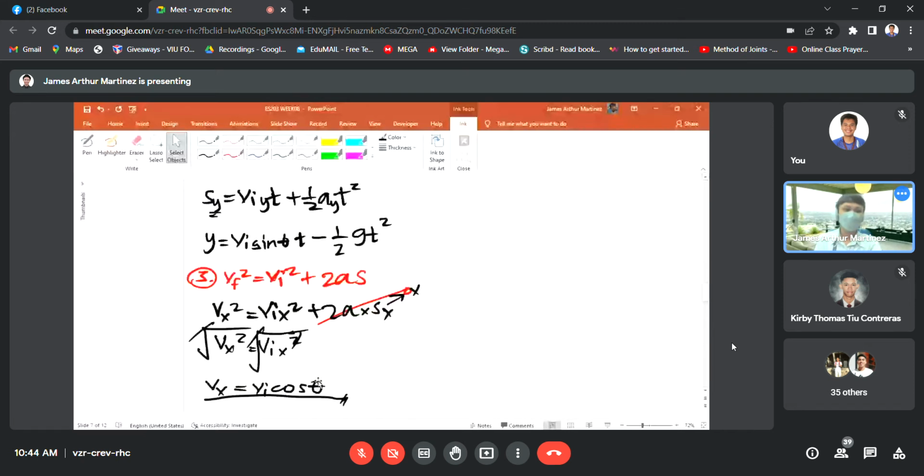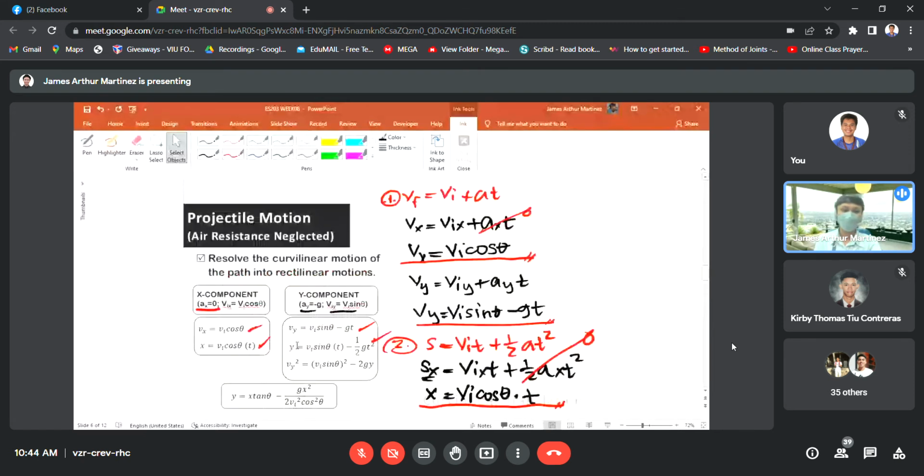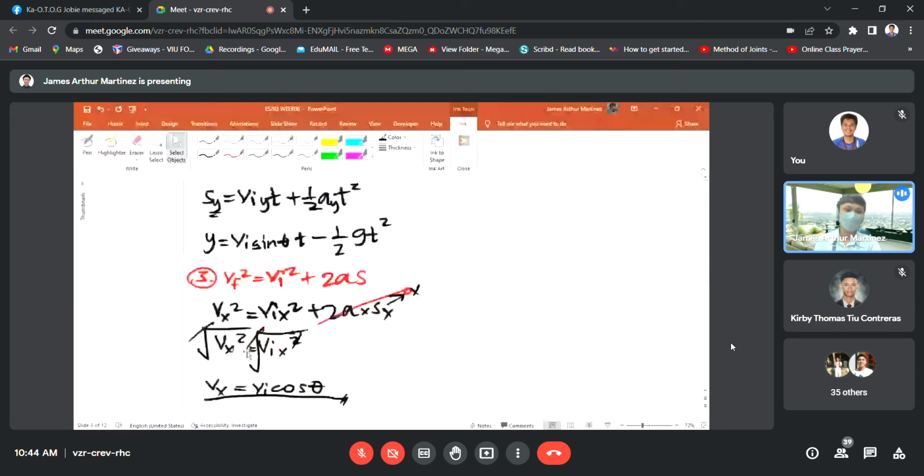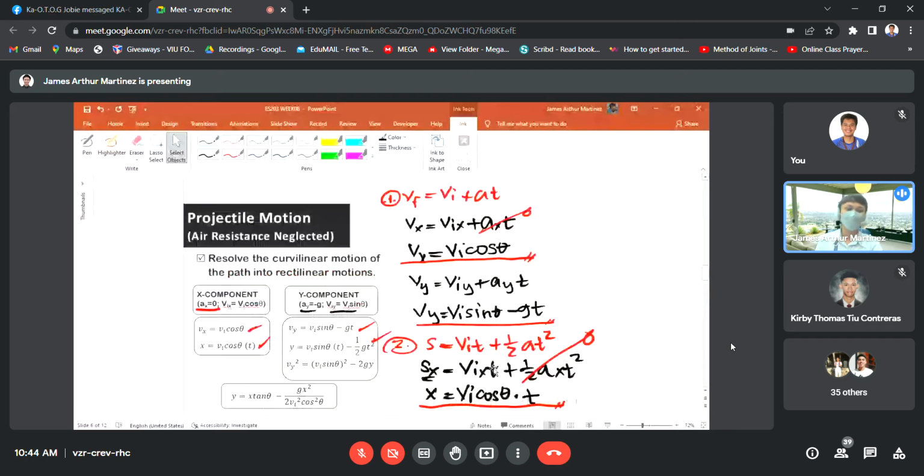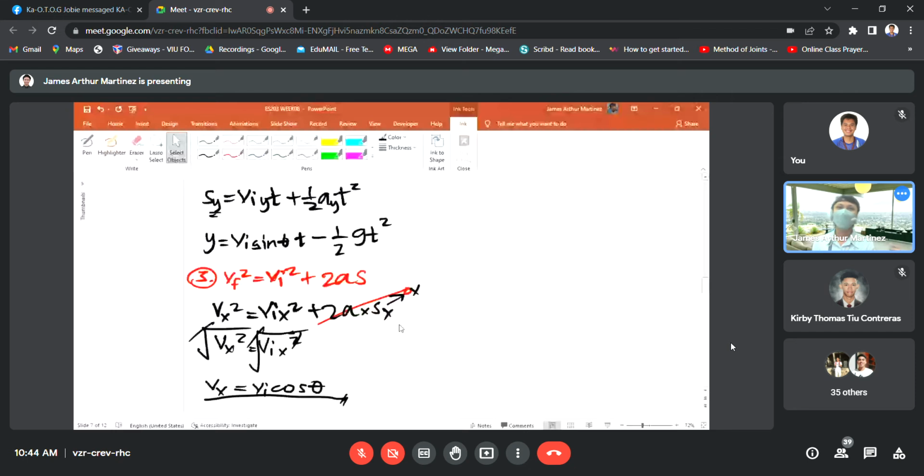That is why makita ninyo nga equation nga akong gi-provide for projectile motion on x component is duha lang siya ka equation, since ang derived x component of equation number 3, ni-confirm lang man siya sa atong na-derive sa first equation. So what does this mean? It only means that your final velocity is just equal to the x component of your initial velocity.